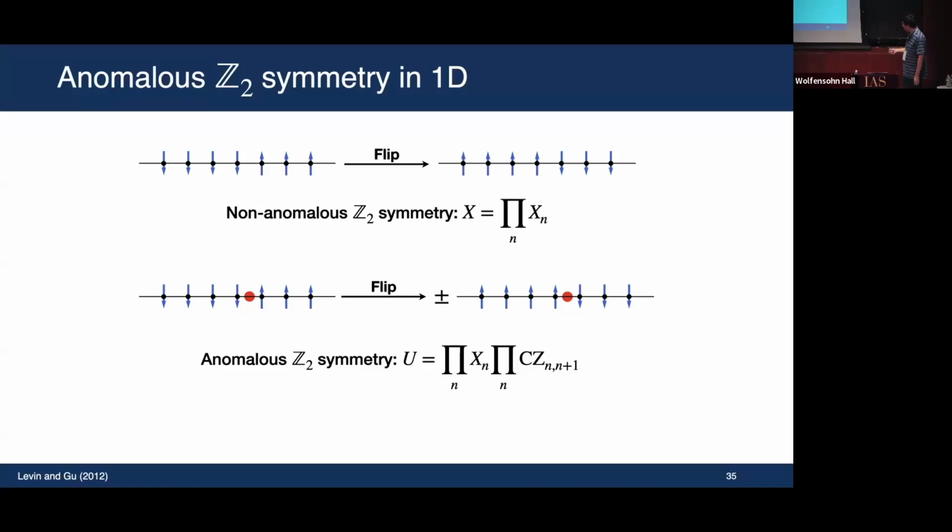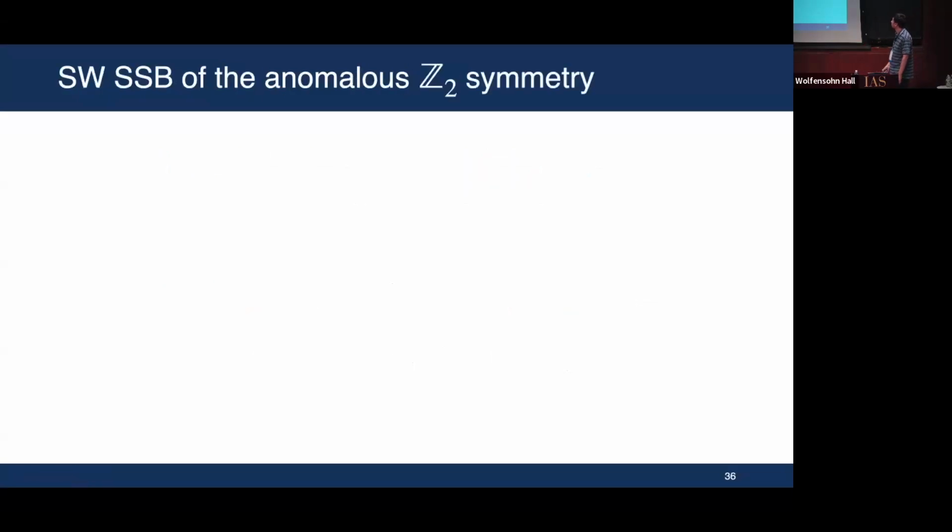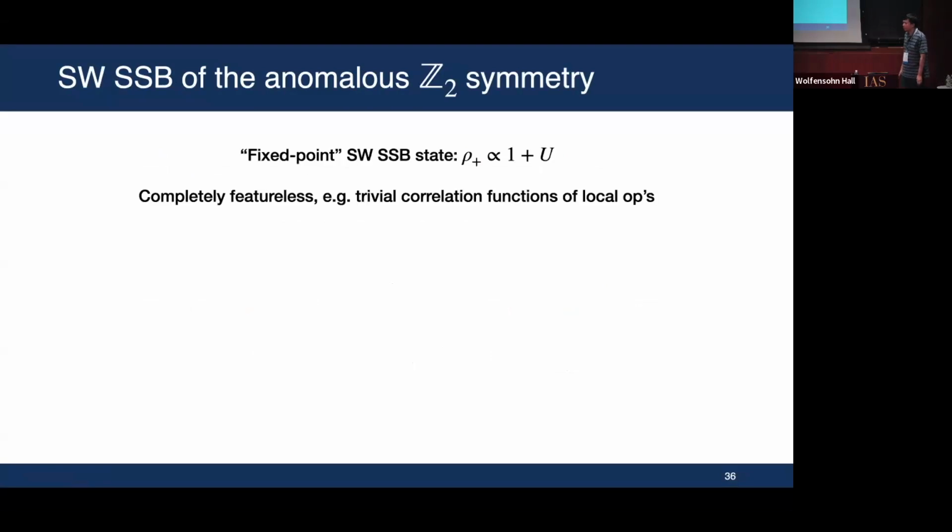Okay, so I'll just claim that this is anomalous. This was first discussed in this paper by Levin and Gu on the boundary of a 2D symmetry protected topological phase. But let's just take it as given that we have a system with anomalous Z2 symmetry, and we can also form a strong-to-weak symmetry breaking state under this anomalous Z2 symmetry.